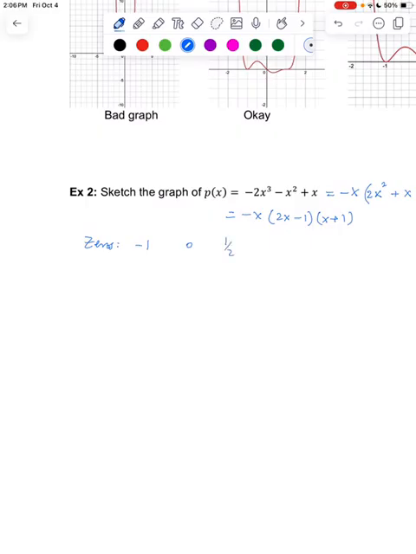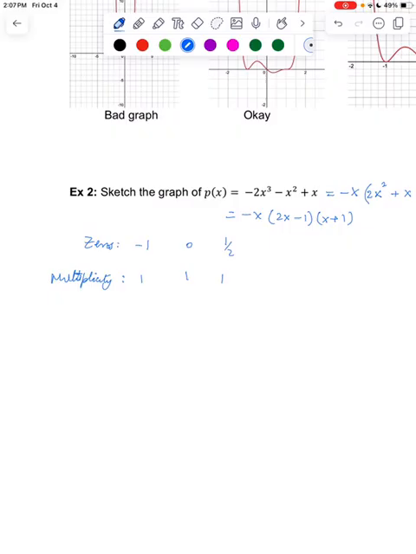So the multiplicity of each of these zeros is 1. Which means the graph will cross the x-axis at all these points. Okay, so now we can make a table of values, or we can make a sign chart first. It doesn't matter which one you do first.